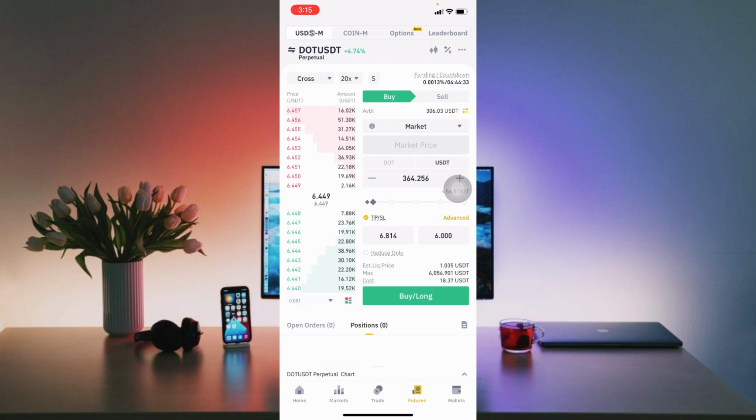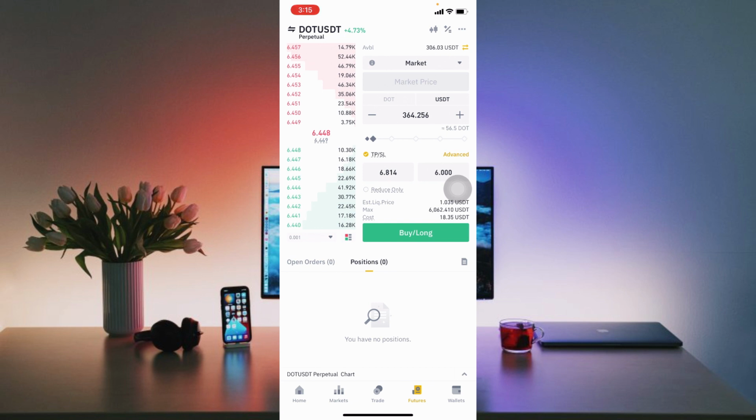Okay, so let's say I have 306 USDT, right? And I'm going to trade .USDT. I want to buy it. Then I'm saying that if your account balance is less than $100, your maximum cost, your lot size, should be $20.